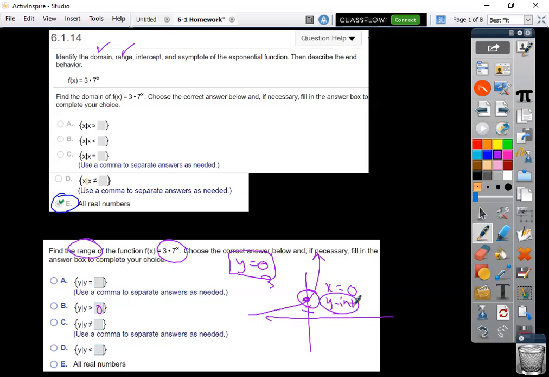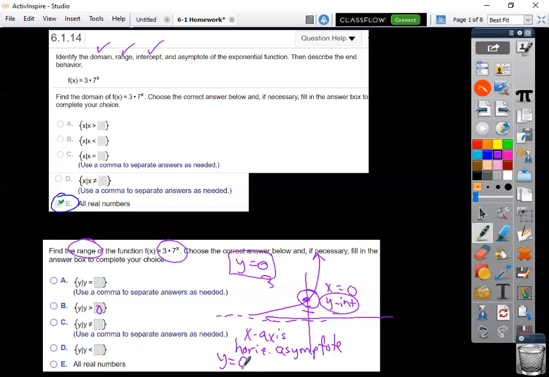And the asymptote, we already mentioned that's the x-axis, for the horizontal asymptote. There is no vertical. And just a reminder that the x-axis asymptote is when y equals 0.